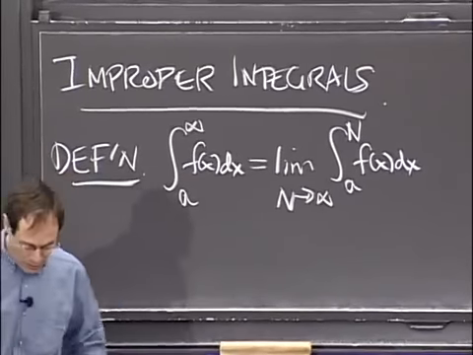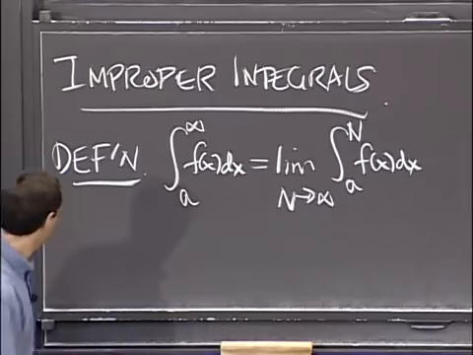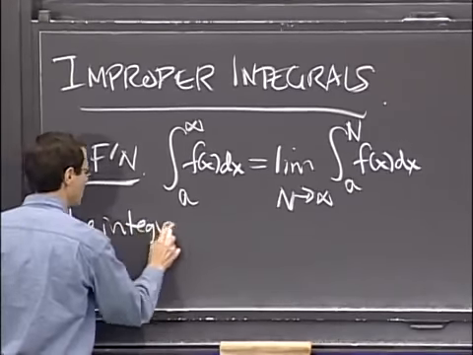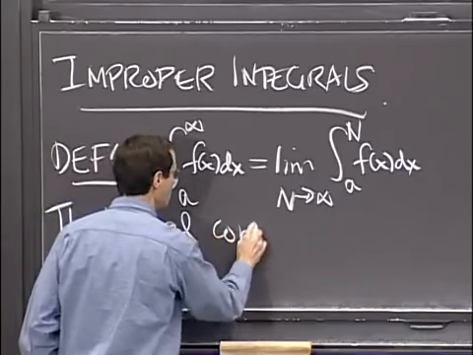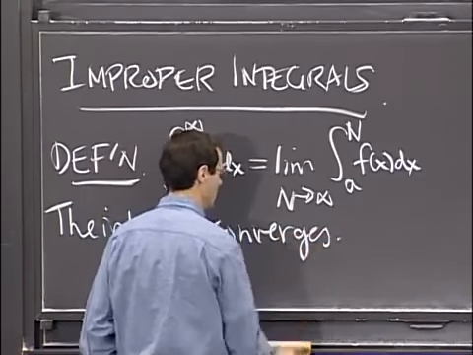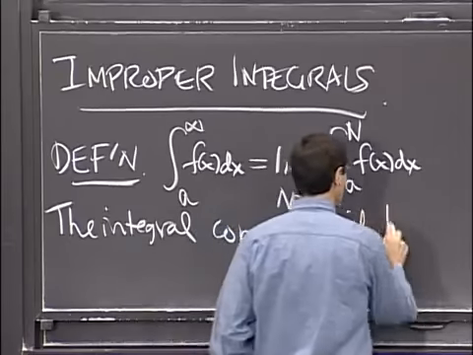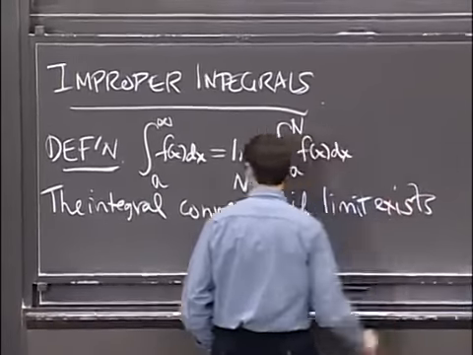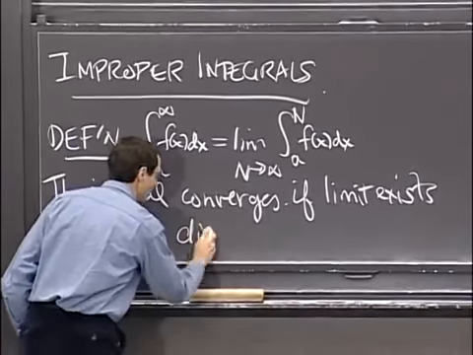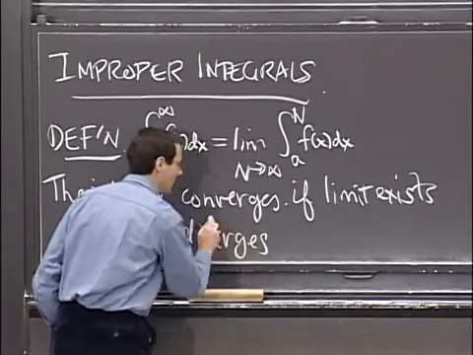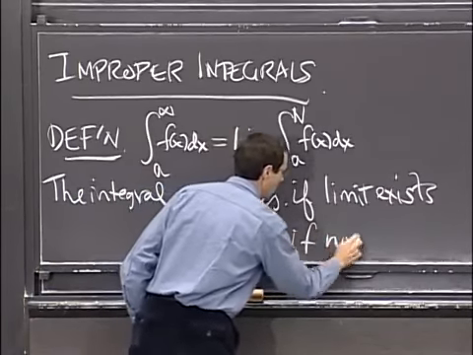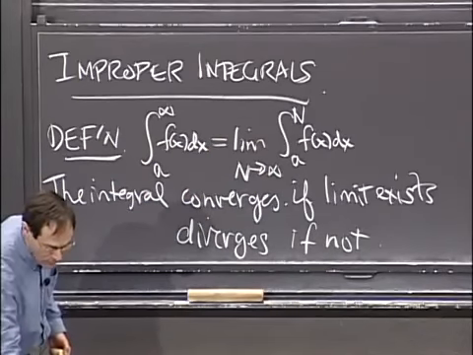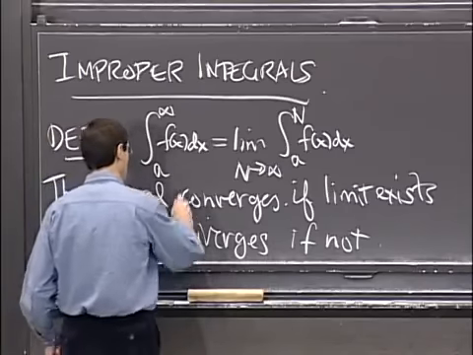And there's a word that we use here, which is terminology for it: we say the integral converges if the limit exists and diverges if not. These are the key words for today.